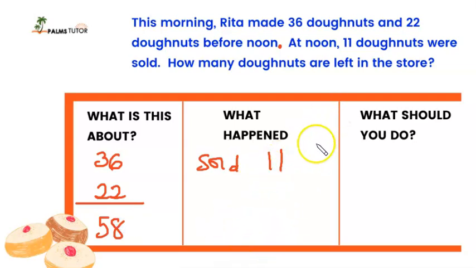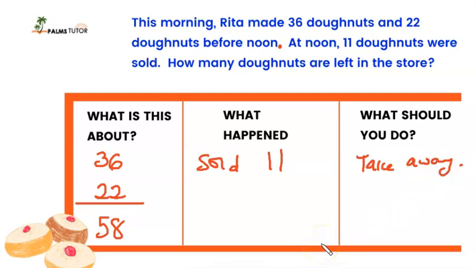But at noon, 11 donuts were sold. How many donuts are left in the store? When you sell something, is that an addition or a subtraction or a multiplication or a division? You sold it out, right? That's a subtraction. So in this case, we would also be taking away, right?